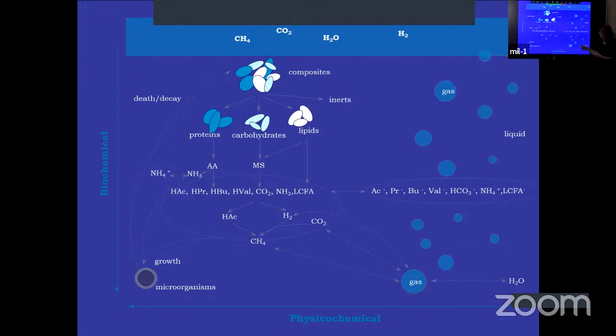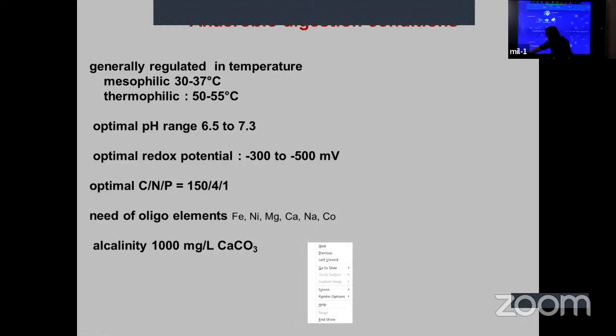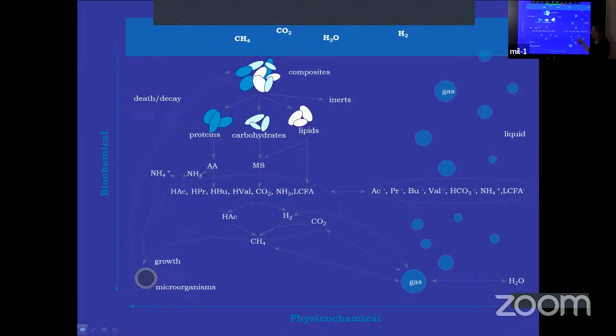Also, you will have to take into account the growth of microorganisms and their death. This is all. These two slides and the previous one are taken from the anaerobic digestion model ADM1 from Boston.